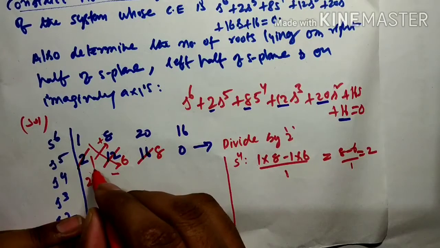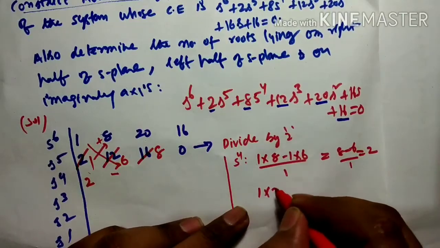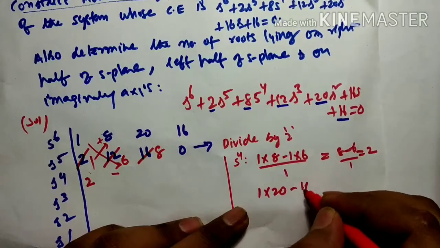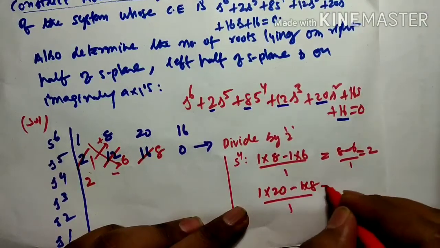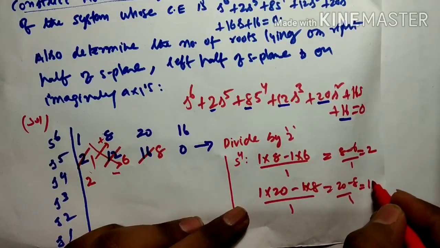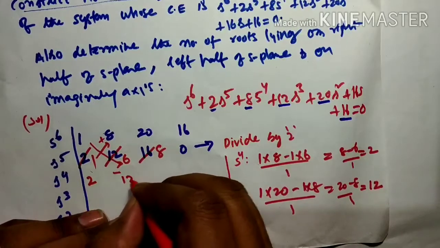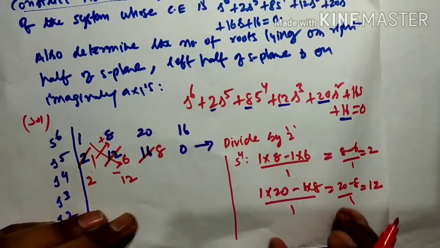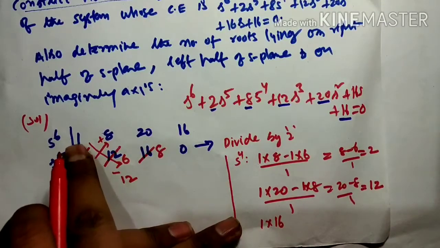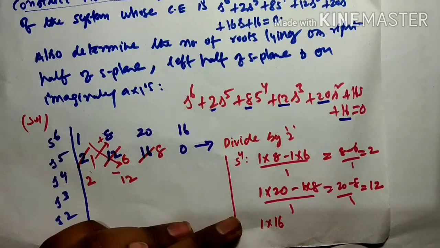Then again 1 into 20 minus 1 into 8 by 1, so you get 20 minus 8 by 1, that is 12. So this value becomes 12. Next, 1 into 16 minus 1 into 0.